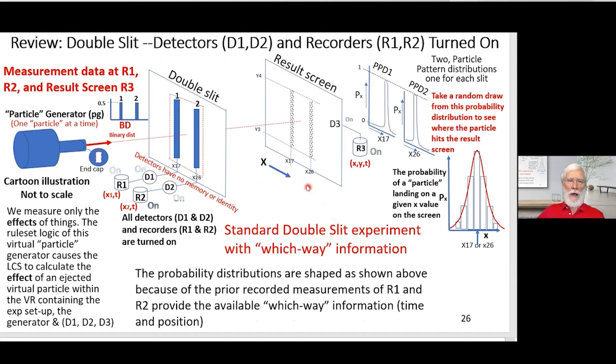On the left, I'll explain this from left to right. On the left, the first thing we see here is the particle generator. Now these little schematics I'm putting together, these little cartoons, are basically to illustrate the concepts. This is not really showing you the actual equipment.